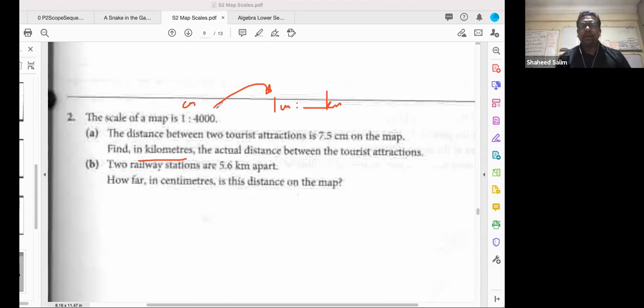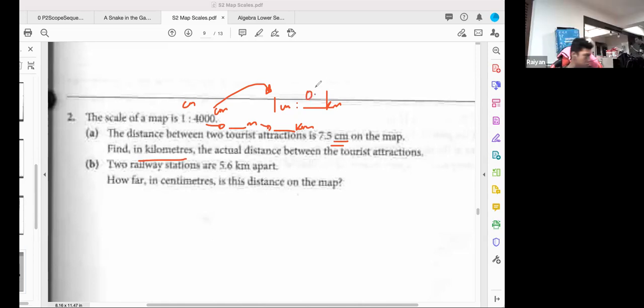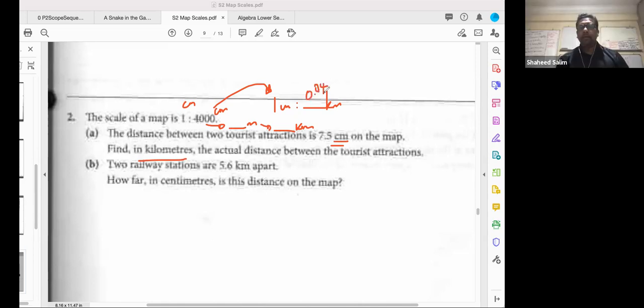Every time when they give you the ratio, it means cm to cm or meter to meter, but they are using cm, so we assume it's cm to cm. Change it to meter first, divide by 100, then change it to km, divide by 1,000. So divide by 100. So what is the number? 0.04. Well done. Well done.